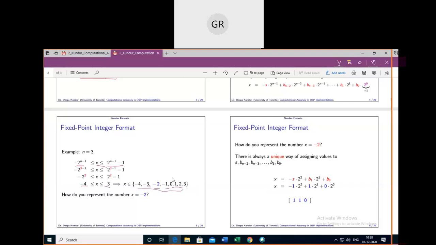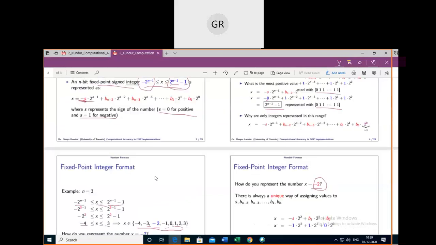Okay, then how do you represent the number x equal to minus 2? If it is a negative value, how can we represent it? See here, just consider minus 2, right? Minus 2 means it's a negative value, right? What is the s value here?